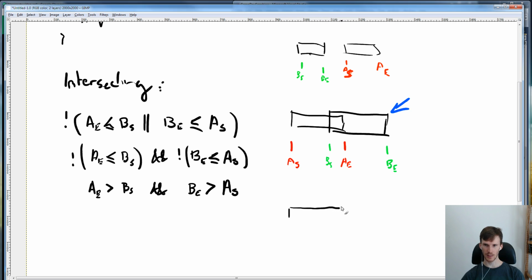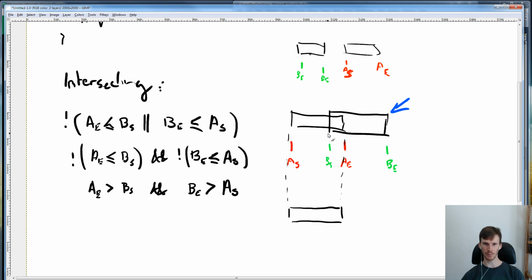If we have A sitting here, and we want to invalidate, let's invalidate this one first. So, this one. We want to invalidate the case where A end is greater than B start.